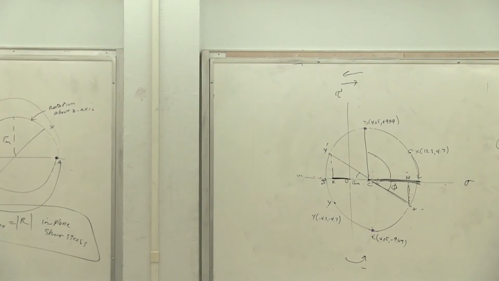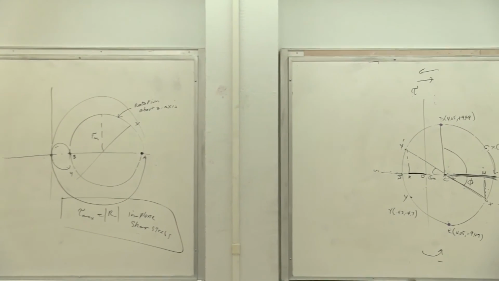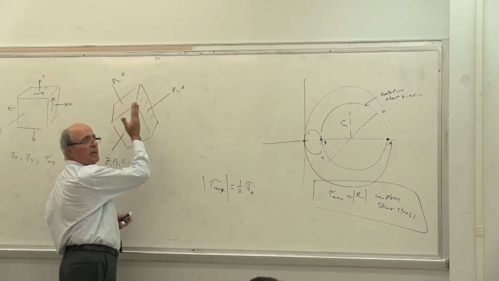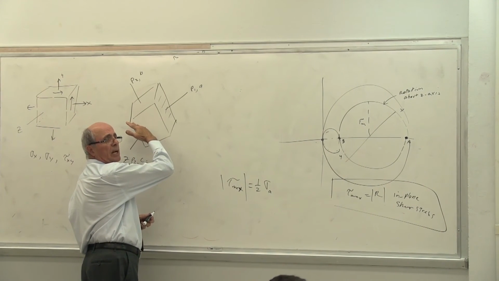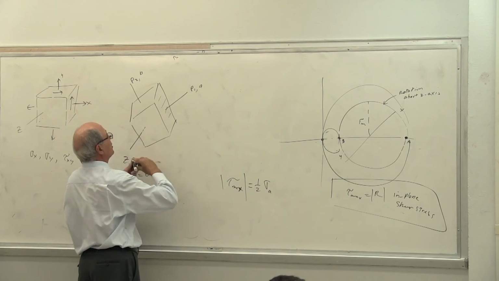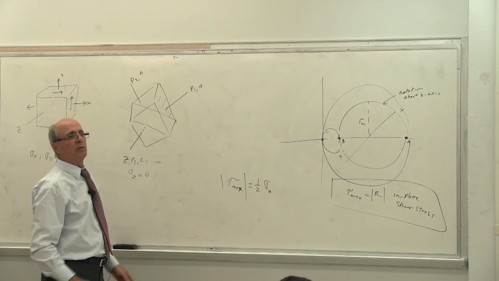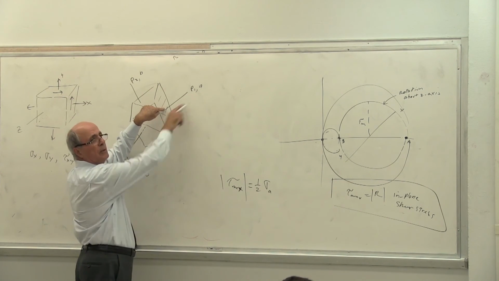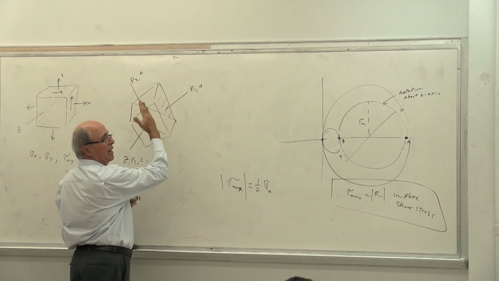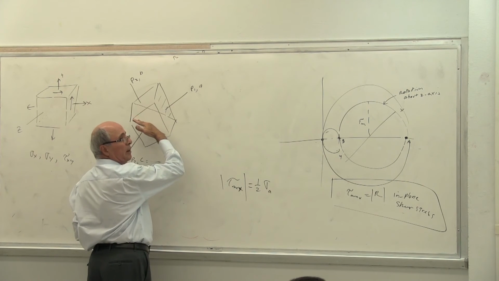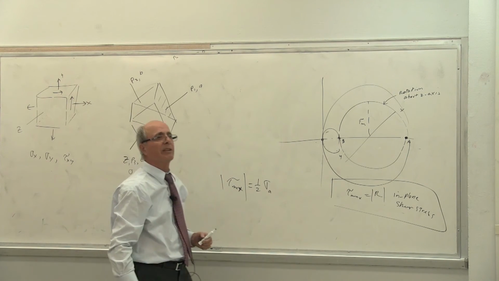So if this is the plane of principal stress, where do you think the plane of the shear is going to be? 45 degrees to that, yes or no? Where does that fall? Look. Is that 45 degrees to, see, this is the plane of principal stress. Put your hand here, everybody. Put it there in that diagonal. Go 45 degrees. Where do you end up? You end up in that diagonal. Is that correct or not?